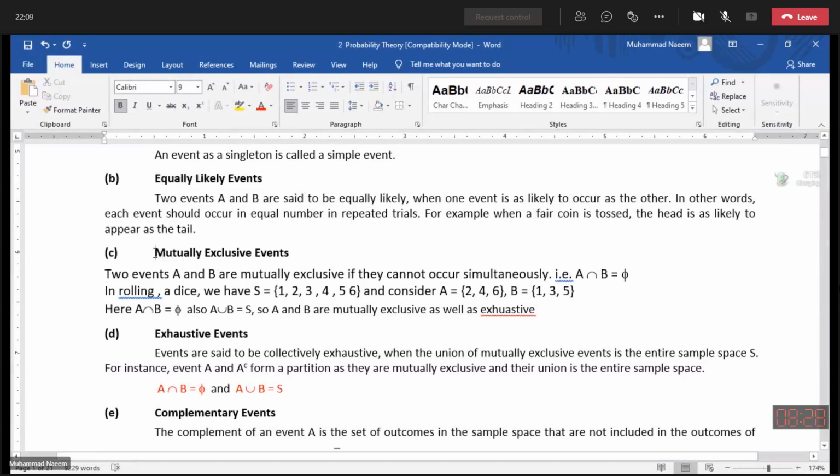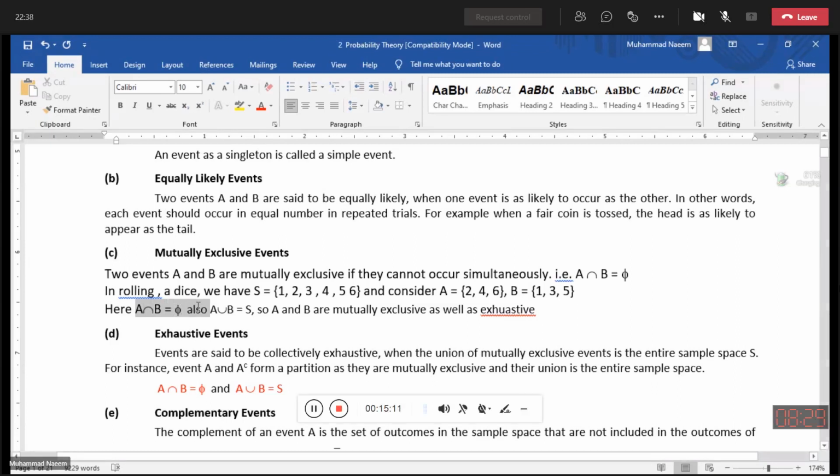Mutually exclusive: simply to remember, when two events have nothing in common, their intersection is empty, they are called mutually exclusive. So two events are mutually exclusive if their intersection is empty.